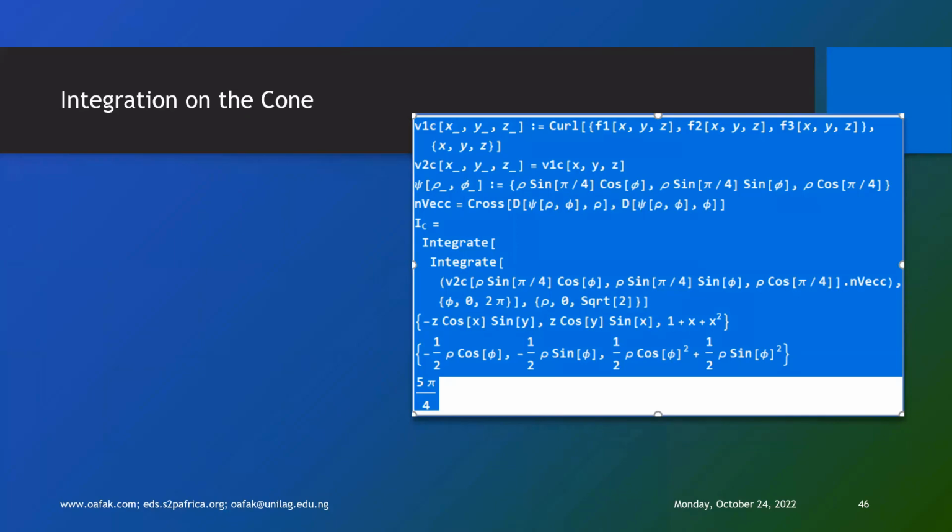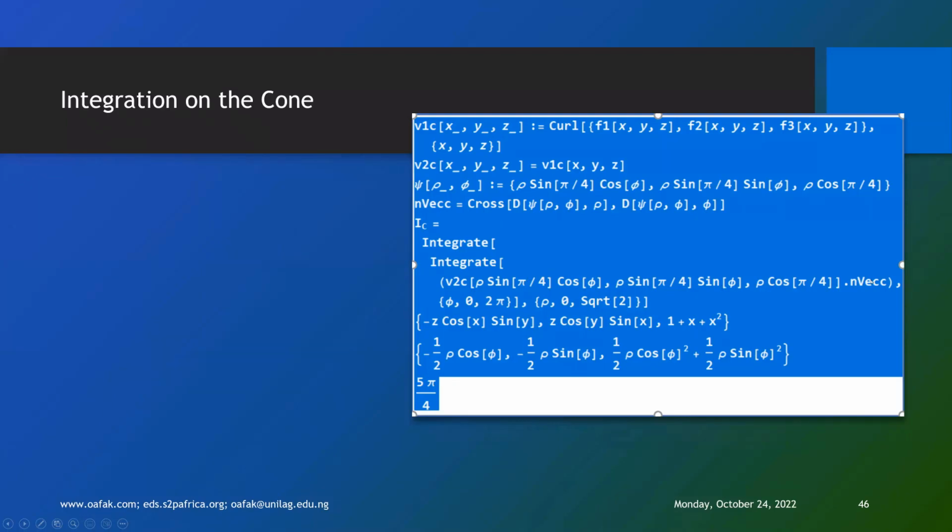It's the same thing, apart from the fact that you are doing your double integral here, so be careful of the brackets. The brackets will kill you if you are not very careful. And you see that by the time you repeat the same steps, even though the values of the surface function are different, it's the same thing you were doing before, because nvec is simply the cross product of the differentiation with respect to rho and the differentiation with respect to phi.